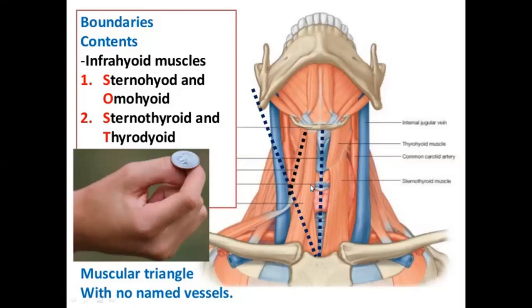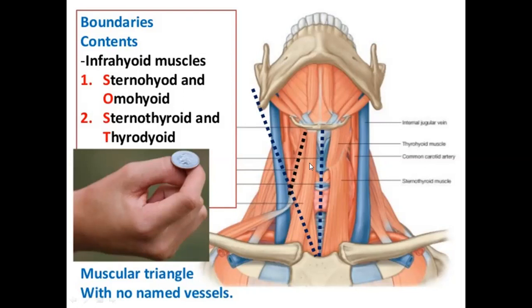Thyrohyoid: origin from the thyroid cartilage, insertion on the hyoid bone. And omohyoid has two bellies, the inferior belly and the superior belly. The superior belly is attached to the hyoid bone and the inferior belly to the suprascapular notch, and both are attached behind sternocleidomastoid by a sling of fascia. So these are the muscles in the muscular triangle.